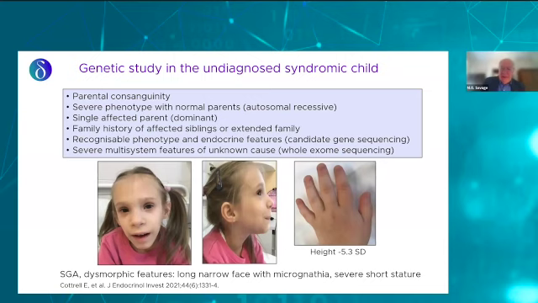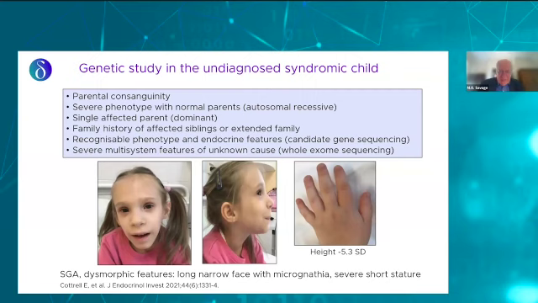And this is where AI and digital tools are of extreme importance because, for example, these are the red flags for looking at genetic sequencing in children with short stature. Parental consanguinity, severe phenotype, single affected parents, family history of affected siblings, a recognizable phenotype and endocrine features, and severe multisystem features of unknown cause.